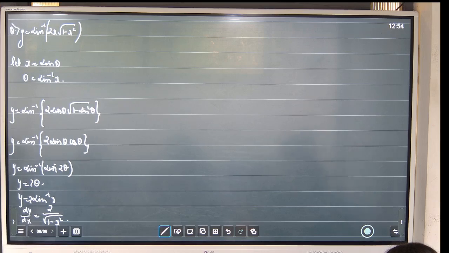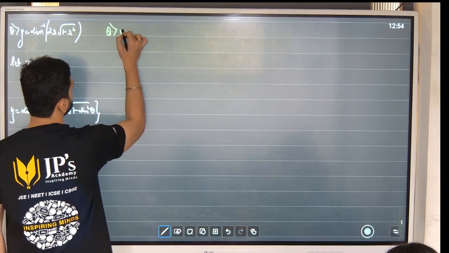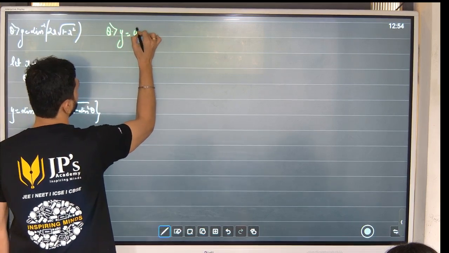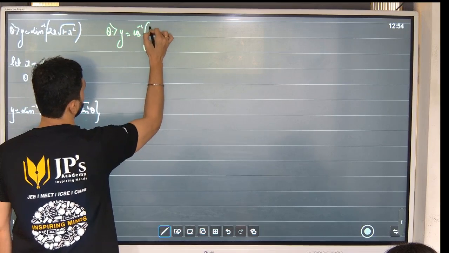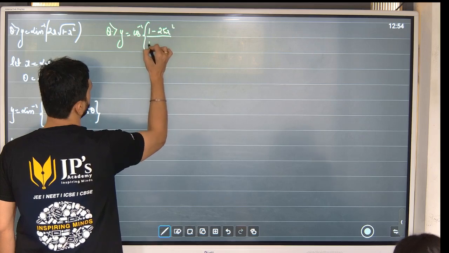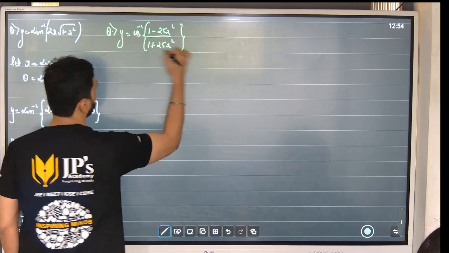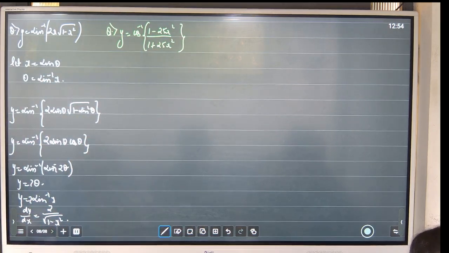Okay. If you have understood this, you have to tell me how I will solve the next term. y is equal to cos inverse of 1 minus 25x square upon 1 plus 25x square. This looks like the formula for 1 minus tan square theta upon 1 plus tan square theta.